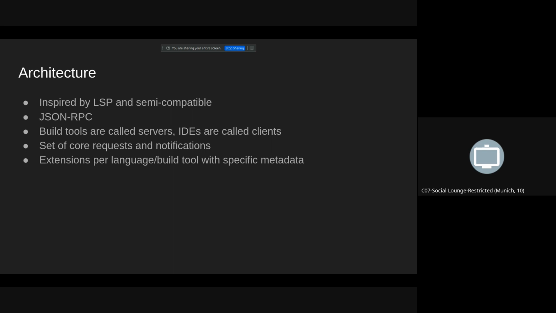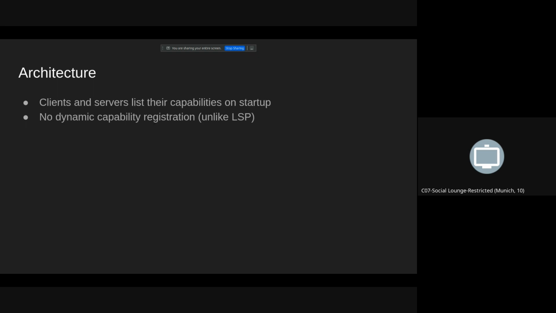BSP consists of a set of core requests and notifications, and for each build tool or language, you can have an extension which provides specific metadata, like, for example, the list of jars which are dependencies of a given Java target. The difference between BSP and LSP is that in BSP you don't get dynamic capability registration, so all clients and servers have to explicitly list what they're capable of on startup.